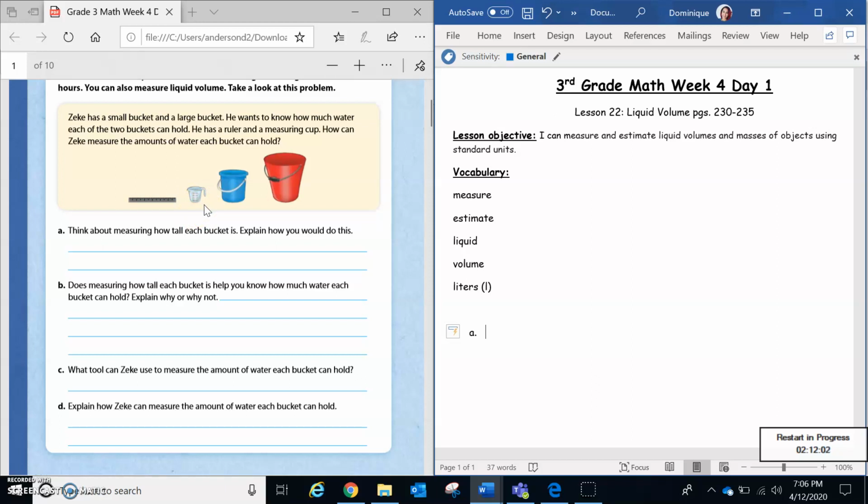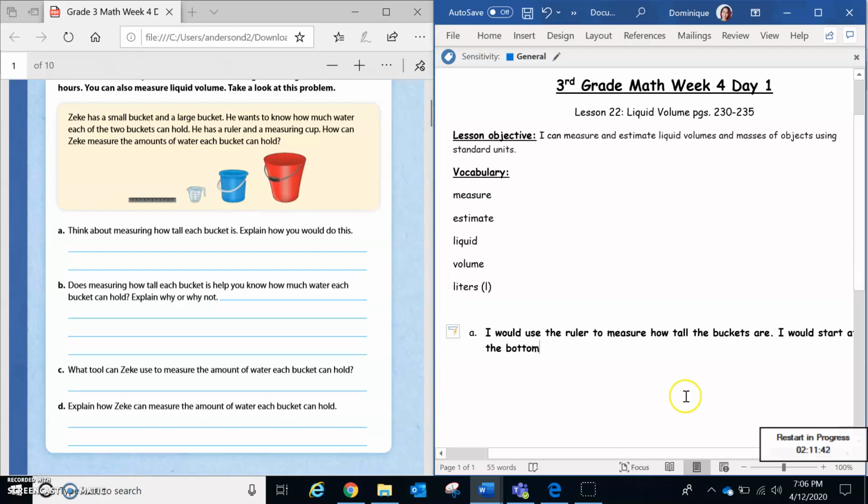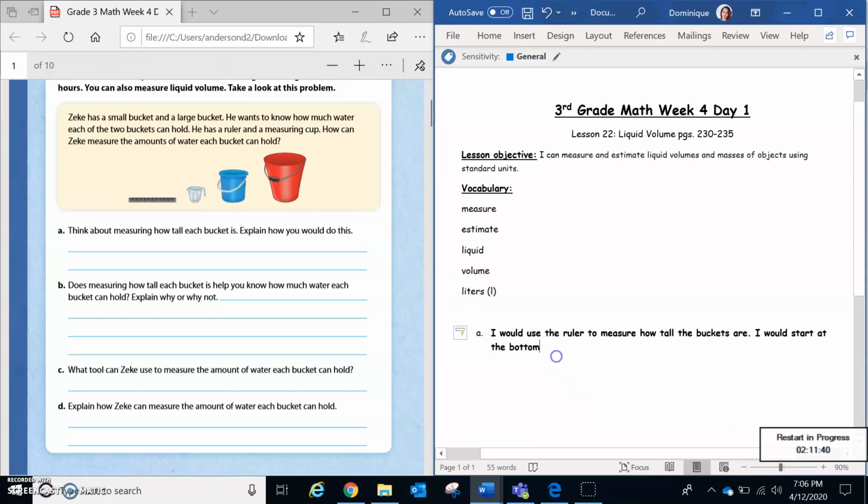So to explain this, I could simply say, I would use the ruler to measure how tall the buckets are. I would start at the bottom of the bucket and measure to the top of the bucket. All right, if you need to, pause the video to give yourself some time to write your sentence.